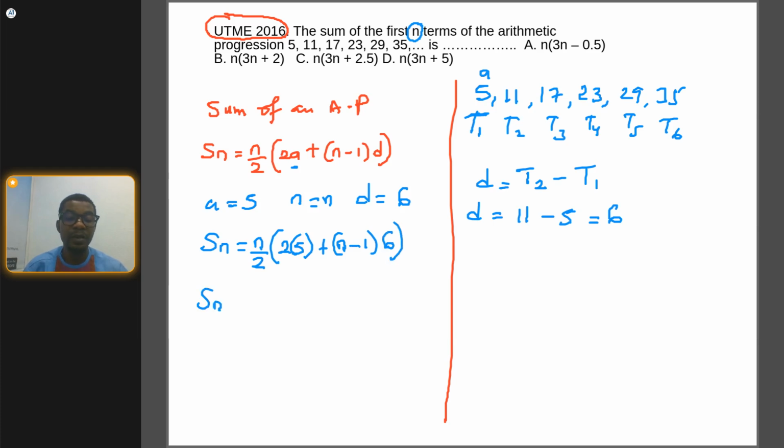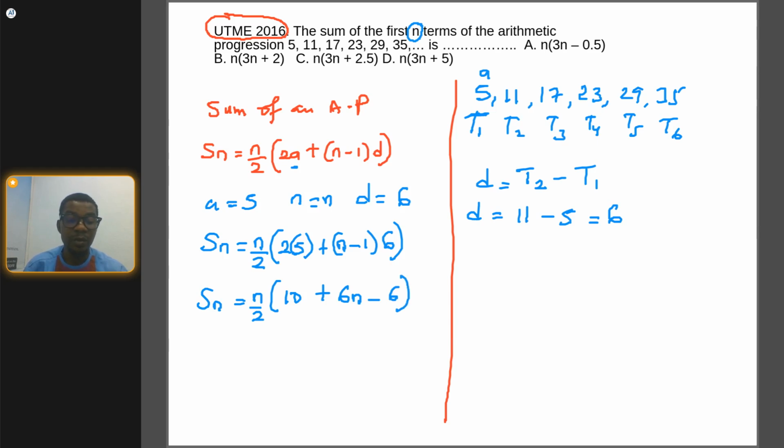Expanding the bracket, we still have n over 2, open the bracket, 2 times 5 is 10, plus 6 times n is 6n, and 6 times minus 1 is minus 6.